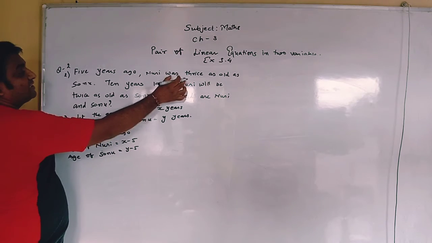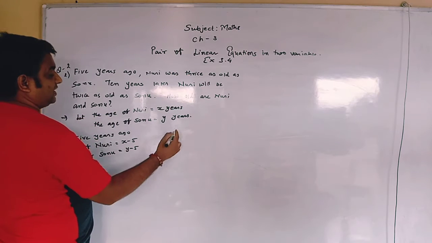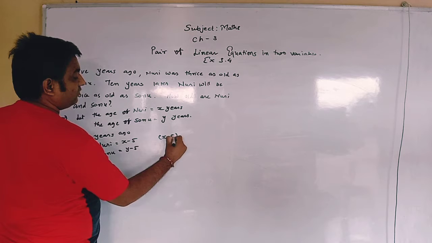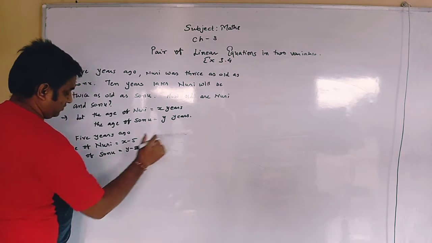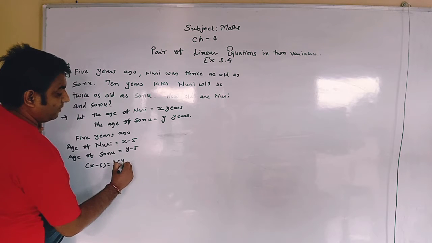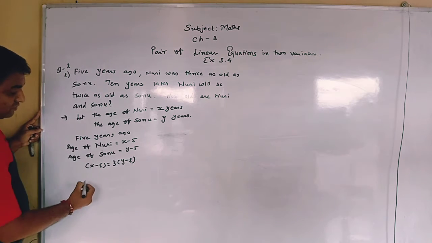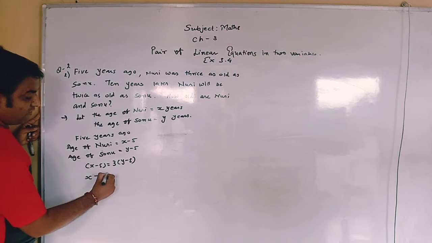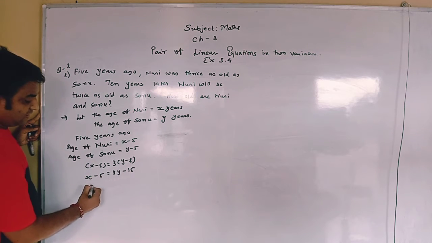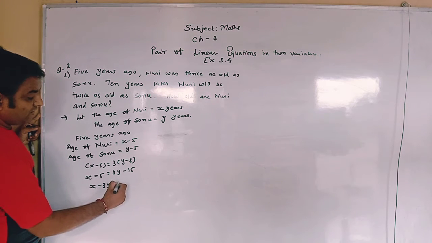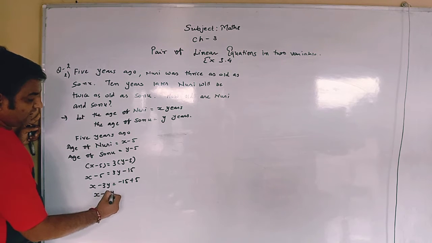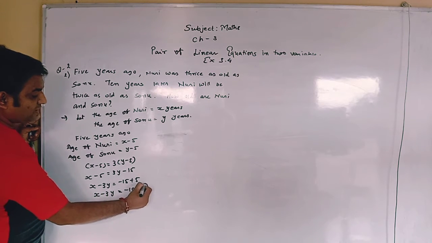And their relation is given: Nuri was twice as old as Sonu. So x minus 5 is 3 times y minus 5. So x minus 5 equals 3y minus 15. So we take 3y to the other side: x minus 3y equals minus 15 plus 5. So x minus 3y equals minus 10. That is the first equation.